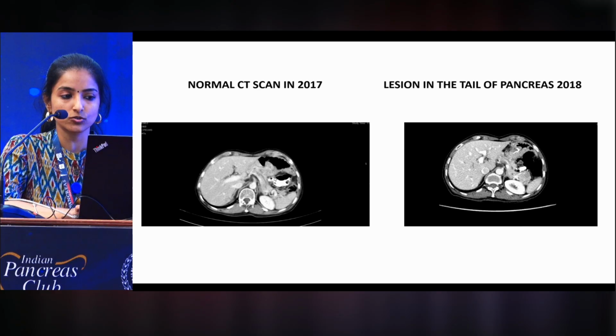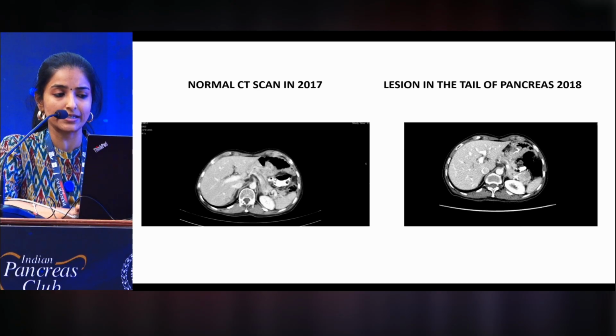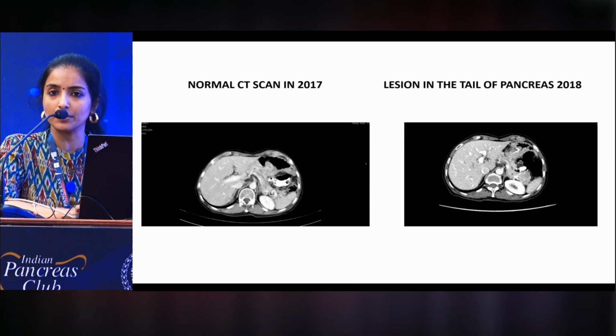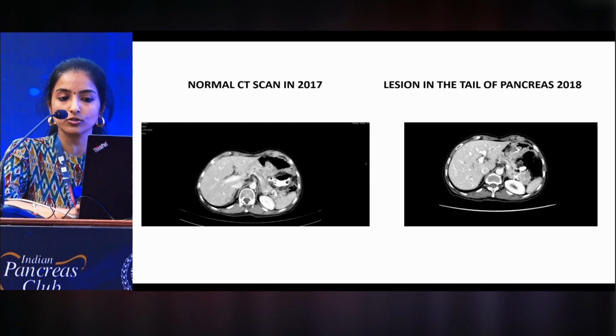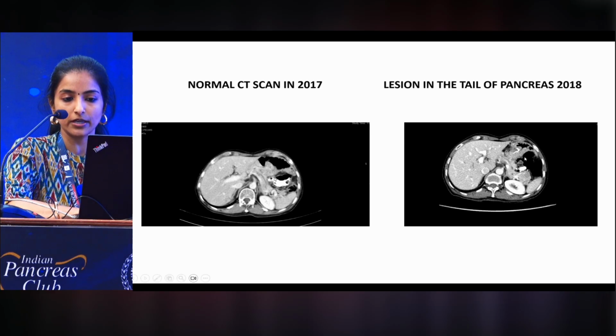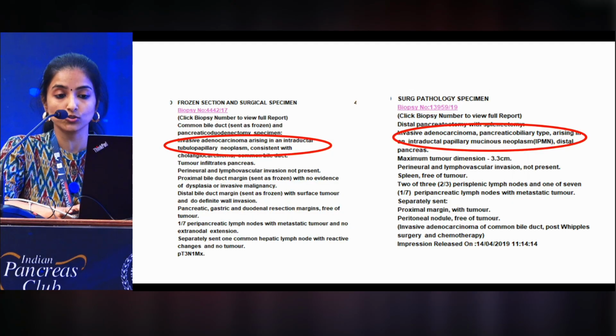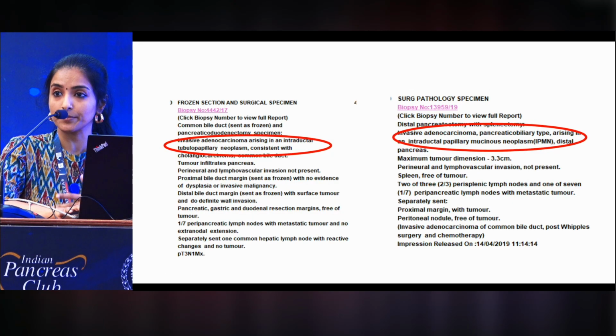A CT scan in 2017 on follow-up was normal, maybe with a slightly prominent NPD, maybe just the post-Whipple appearance. Suddenly in 2018 he developed a lesion in the tail of the pancreas that looked like an adenocarcinoma, so he underwent a distal pancreatectomy with splenectomy 2 years after the Whipple.